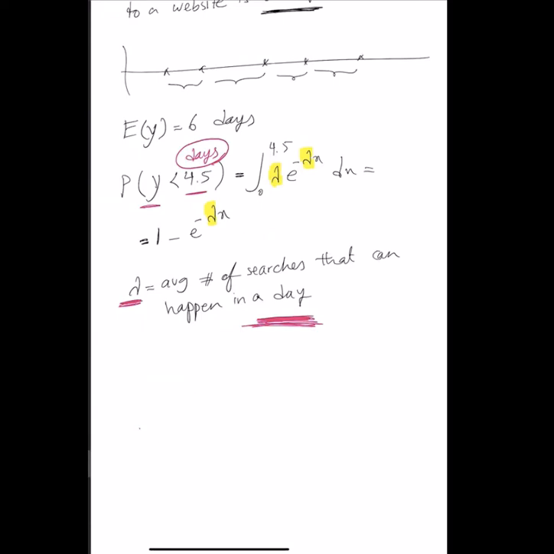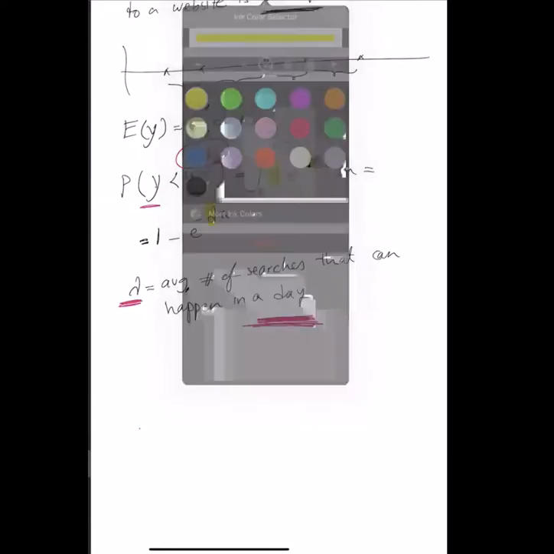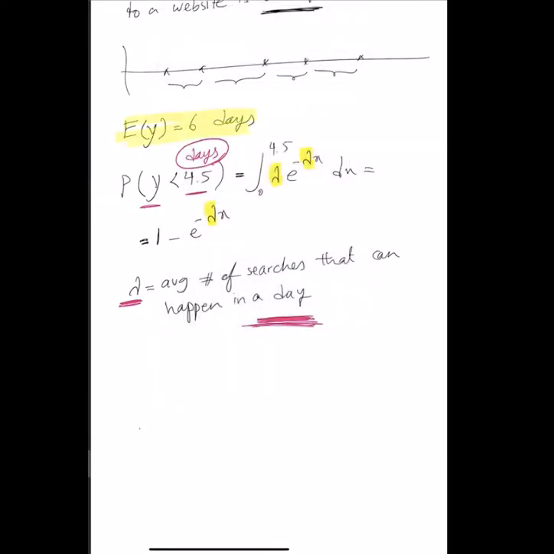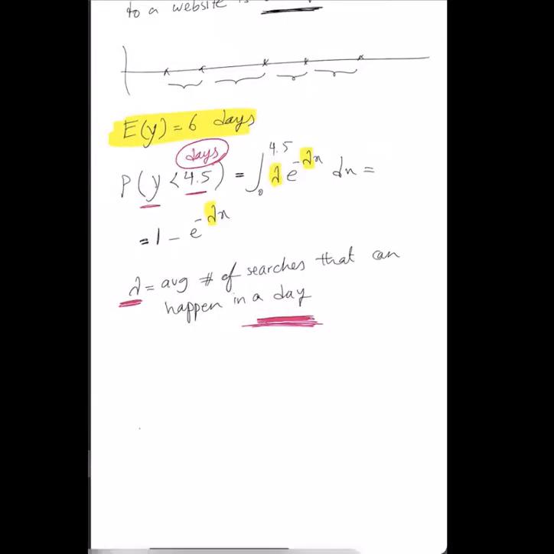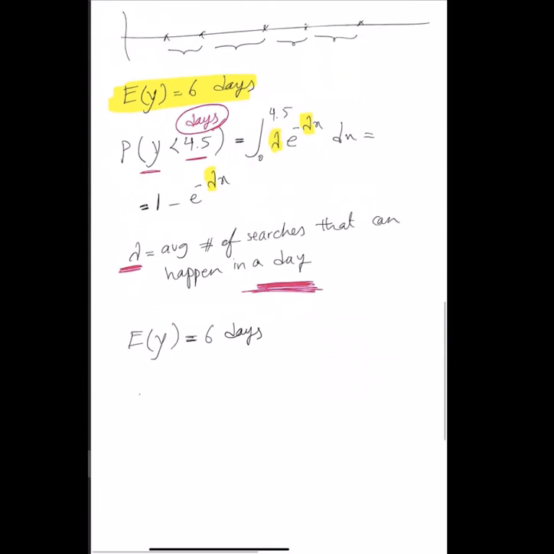One piece of information that we have is here. We know that the expected value of y, the average number of days till a change happens, is 6 days. Can you tell me how I can use this to find the value of lambda?